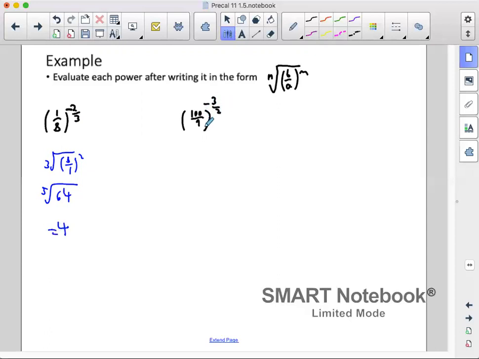Next, we've got 100 over 9 to negative 3 over 2. So that would be the square root of 9 over 100 cubed. And when we simplify this, we get 27 over 1,000.